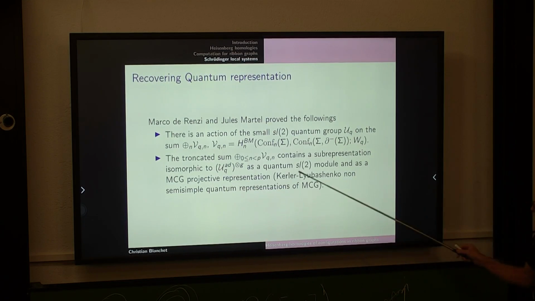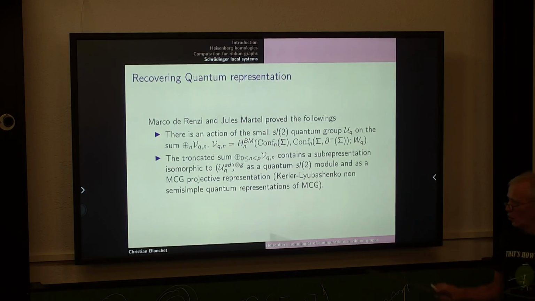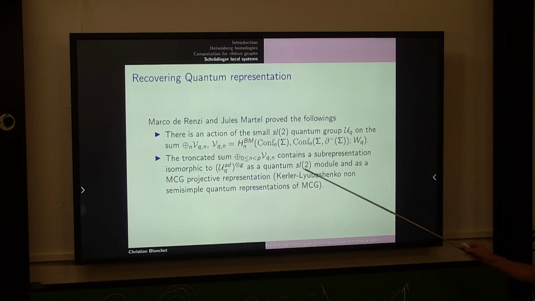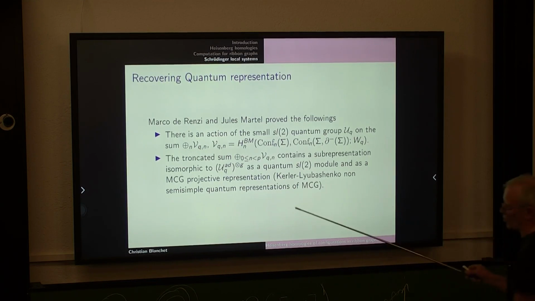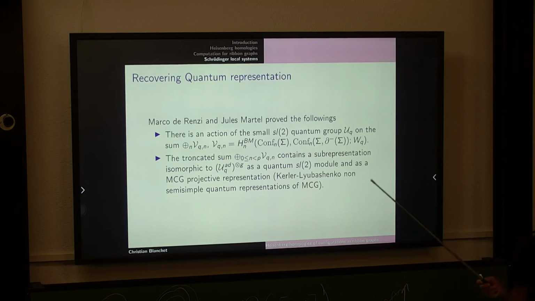And you get something which is isomorphic as a quantum SL2 module, and as a projective representation of the modular group. And this representation is known to belong to a TQFT. This is the non-semisimple TQFT, where the projective representation was first constructed by Kerler-Dubashenko. So this stuff, which is completely algebraic topology, contains quantum. This is part of quantum topology.